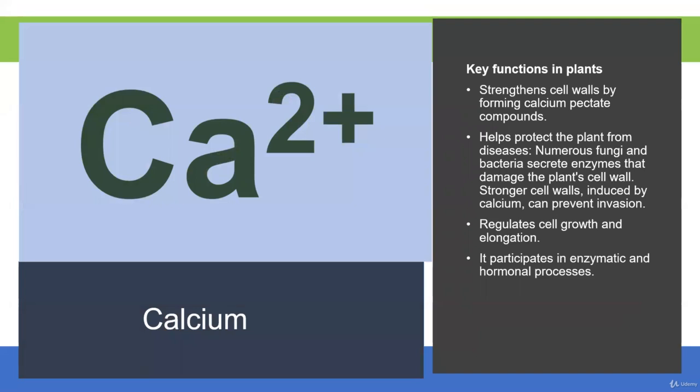And calcium strengthens cell walls, and it does that by forming compounds of calcium pectate. It helps protect the plant from diseases.